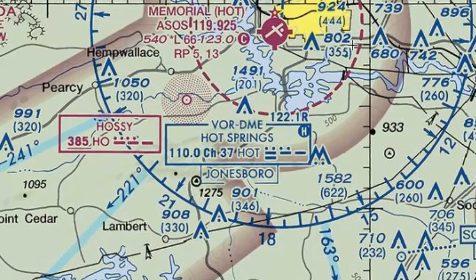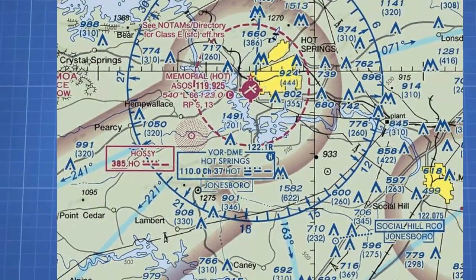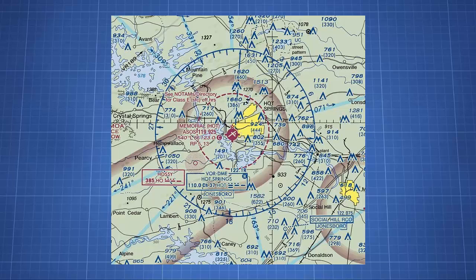Then we will simply tune this frequency into the desired navigation radio, and we want to identify the frequency by using the supplied Morse code. Once we have done that, we will be able to audibly confirm that that is indeed the correct VOR that we want to tune into and use.